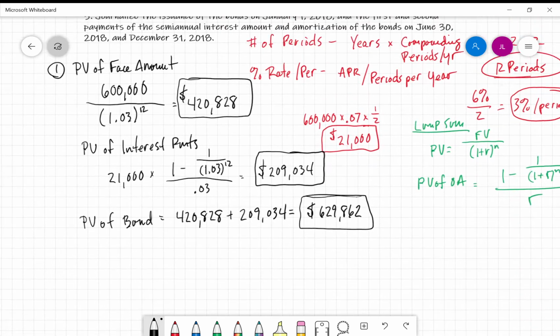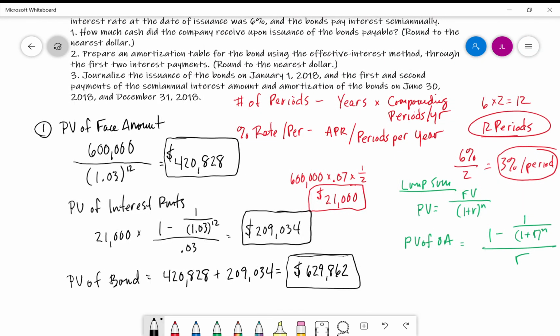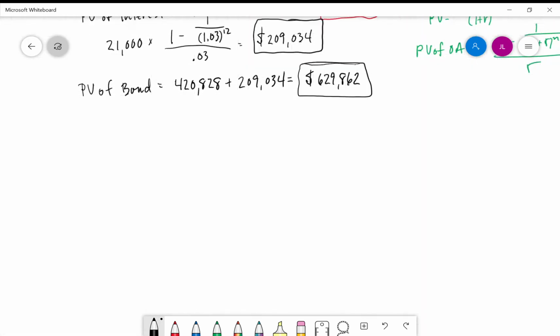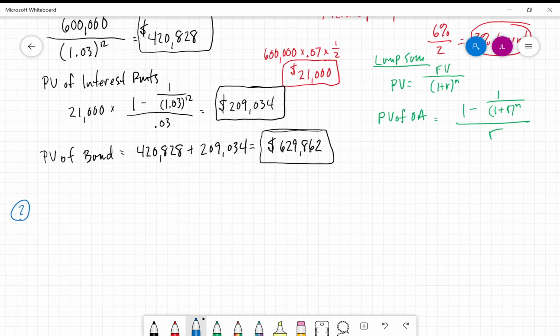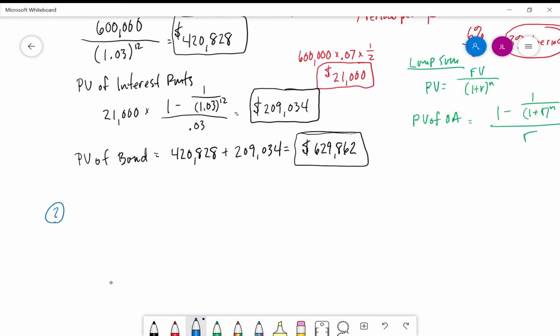Now, after this, number 2 says prepare an amortization table for the bond using the effective interest method. Now, the way that we do this for number 2, we're going to look at a few things here. As the company is issuing the bond, we have to pay interest every so often on this bond. Every 6 months, we're paying this $21,000. Okay, so we're going to have a column for cash paid.